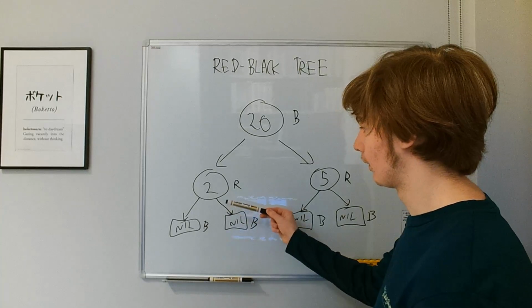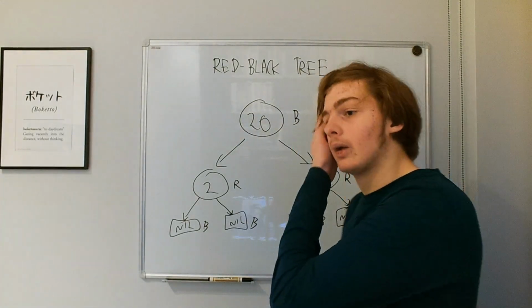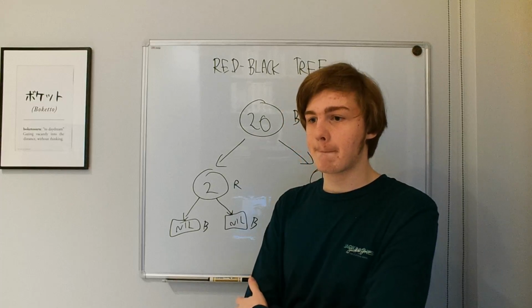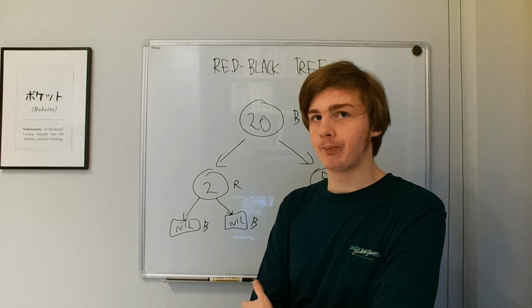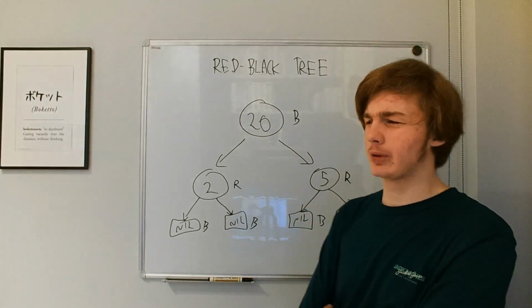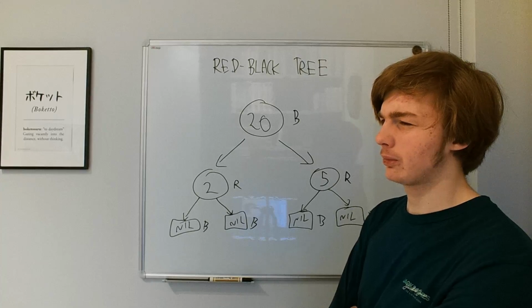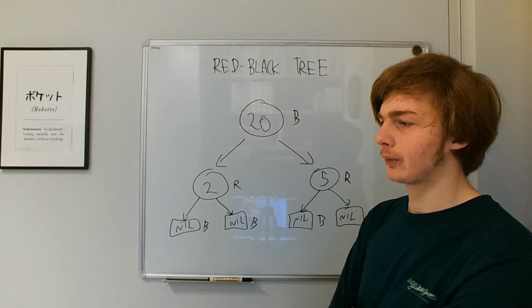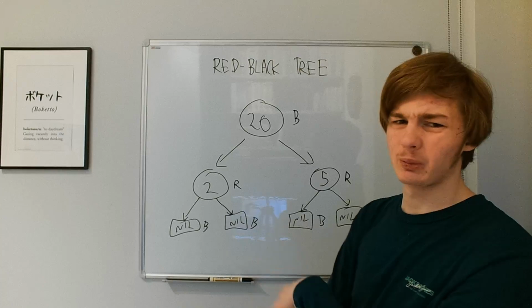And I'll get the number 2. I think there have to be some additional rules for the contents of the nodes for the search to be logarithmic. I can't remember. I studied red-black trees a long time ago. Either way, it doesn't matter.